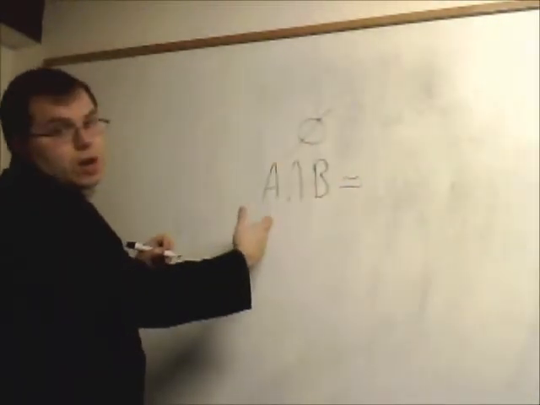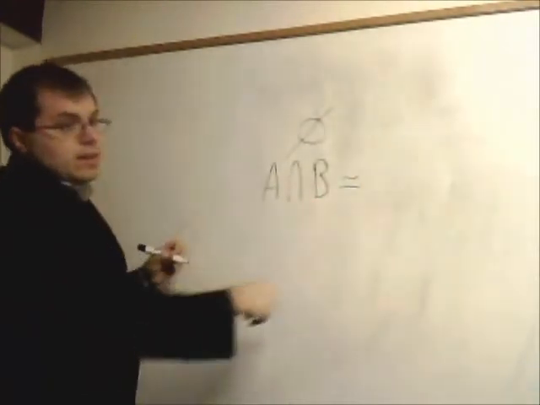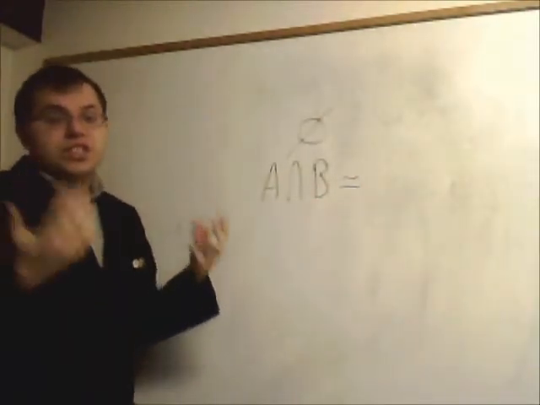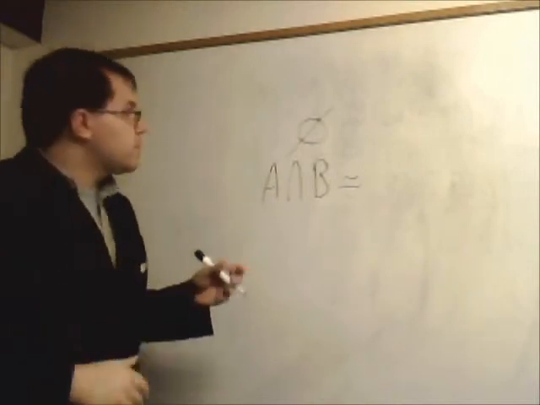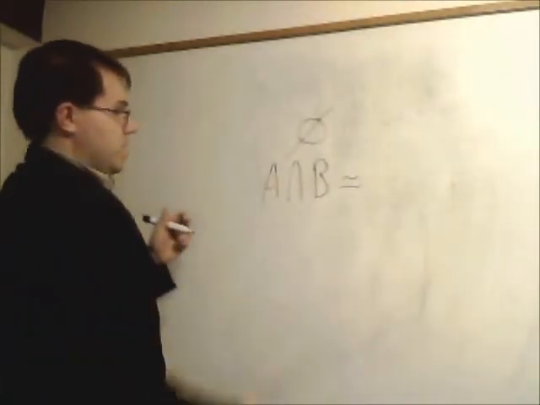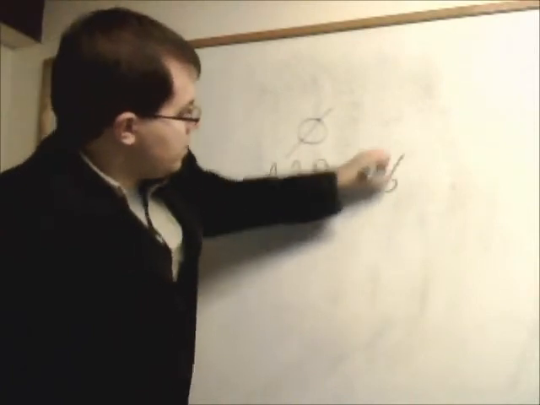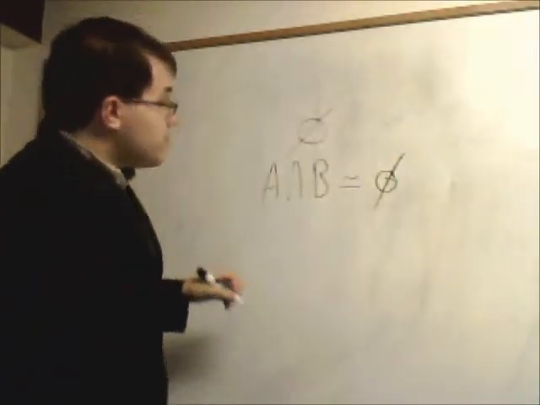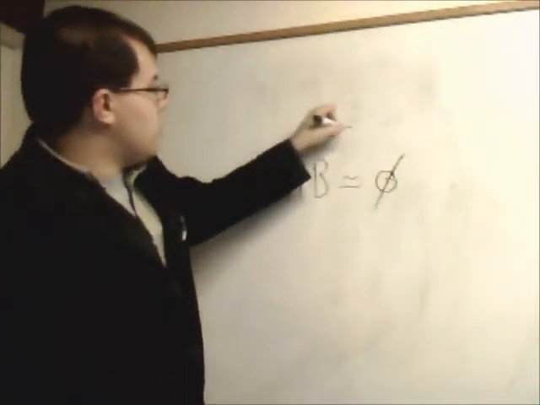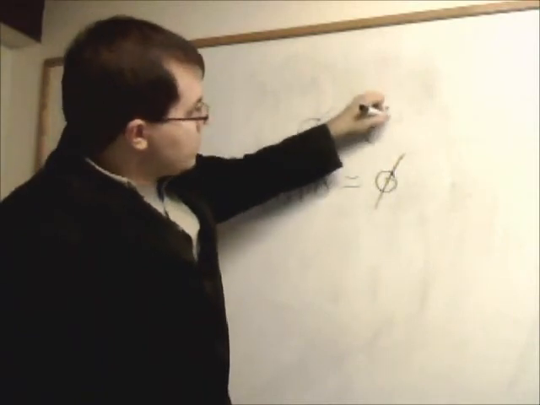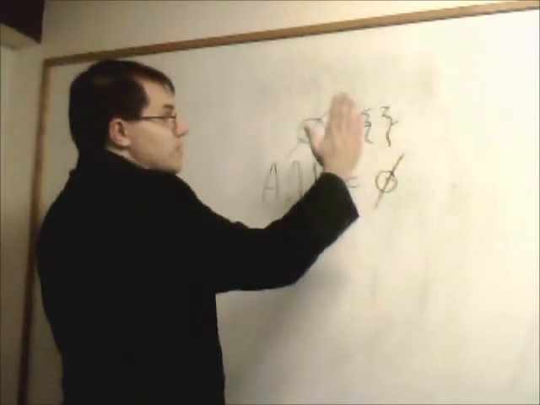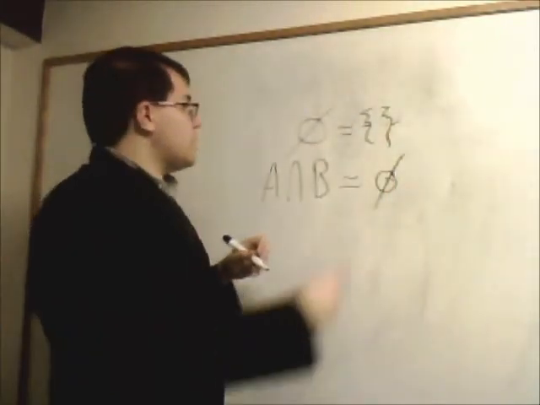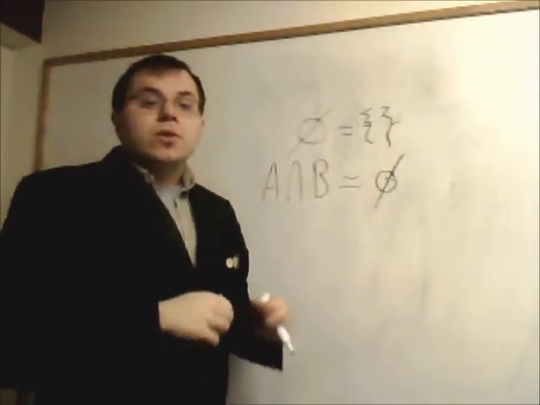Suppose that this one has absolutely no common elements with that set, which is otherwise called disjoint sets, or the disjoint property. If I take A intersection B, the outcome should be the empty set. The empty set is sometimes noted also as literally a set with no elements in it. So don't be confused if you see a set that has absolutely nothing, that's really just the empty set.